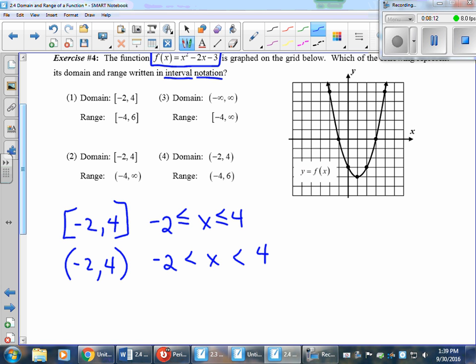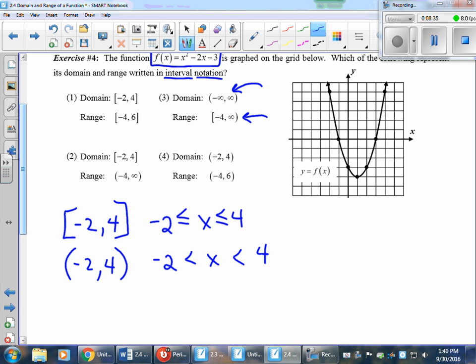So if we take a look at which one this would be, see how on number 3 it has the infinity, the sideways 8 right here? That just means that it goes on in both directions to infinity. In this case right here, it means it's got a boundary on the left-hand side of negative 4, but it goes to infinity.